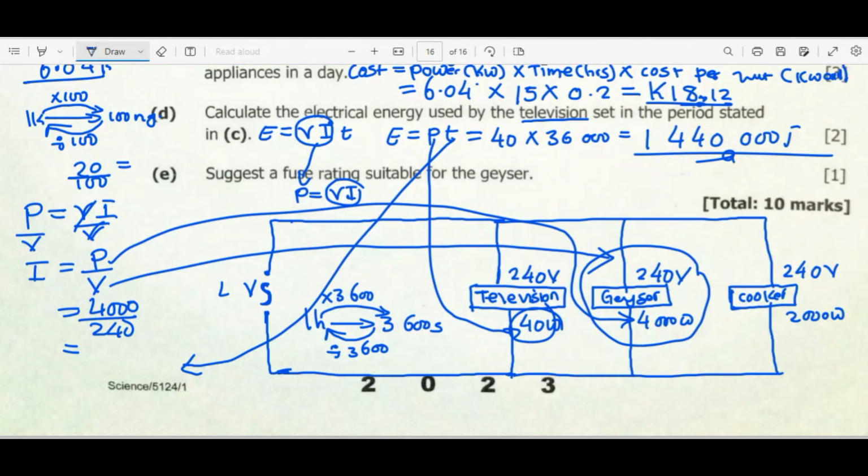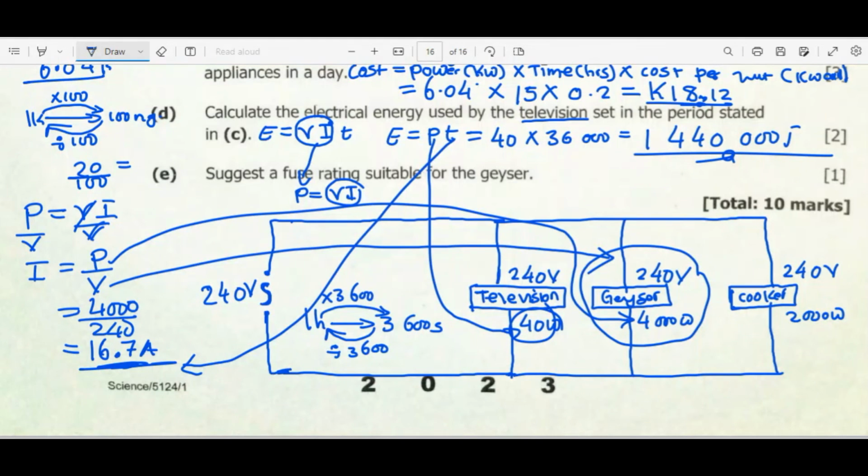So the voltage that is being produced by the source is equal to the voltage that will be passing through each electrical appliance. So 4,000 divided by 240, I'm getting 16.6666, which is 16.7 amps. So this is the actual current passing through the geyser.